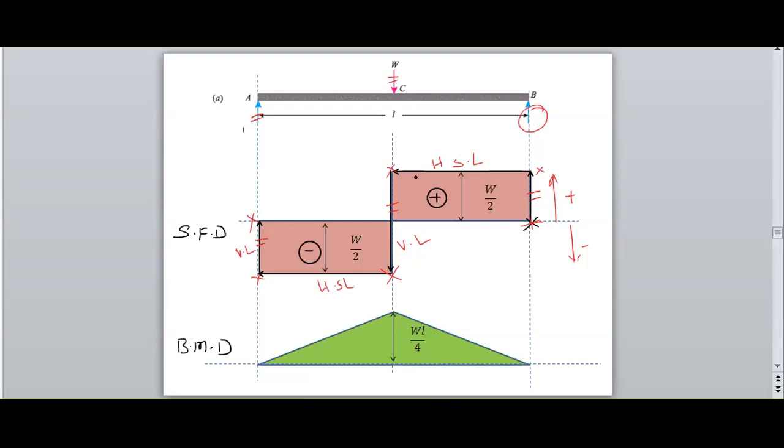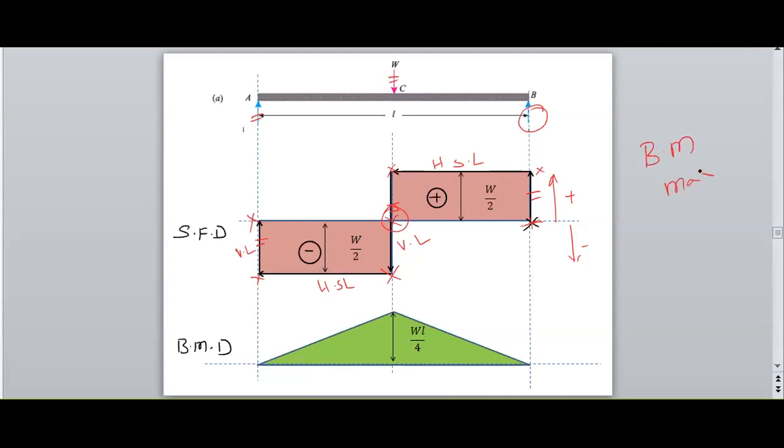Now we can see here the change of sign. The shear force changes from positive to negative. So at this region, we will get the maximum bending moment.